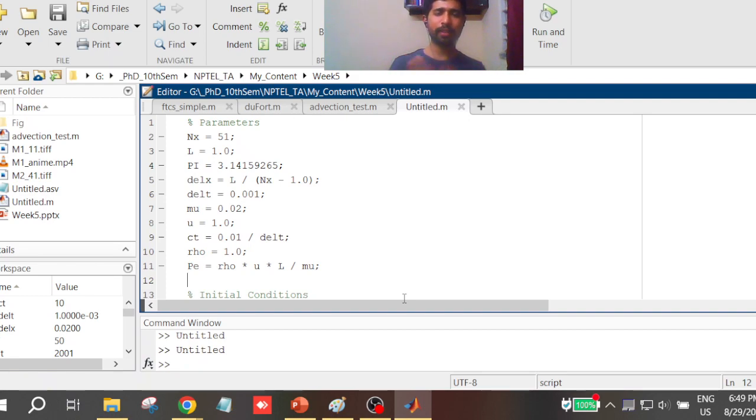So solving this convection diffusion equation, these are the tools with which you have to first get acquainted. Once you get acquainted with these tools, only then can you solve the actual Navier-Stokes equation. Otherwise, if you directly jump into writing the code for the Navier-Stokes equation, you will end up with trouble. So first you should start practicing with this.